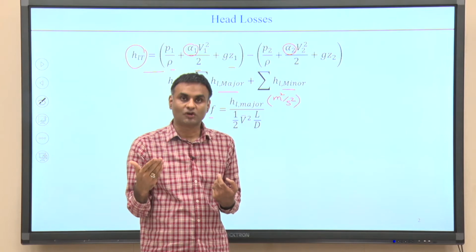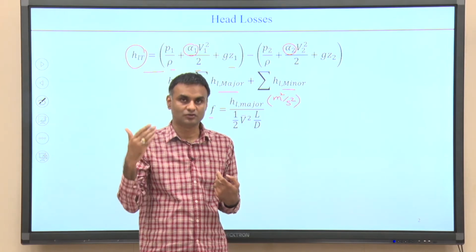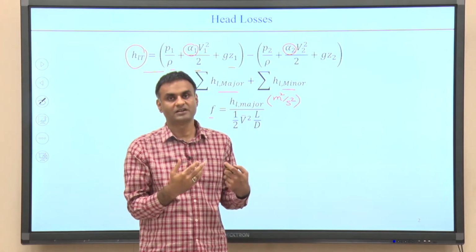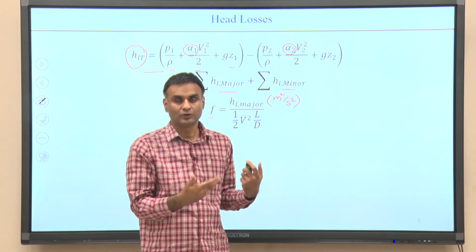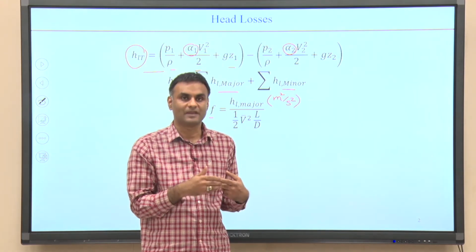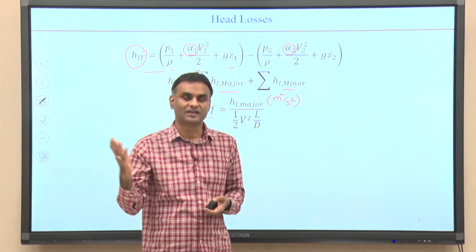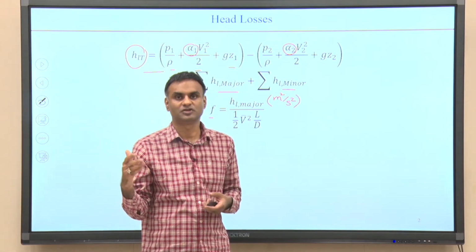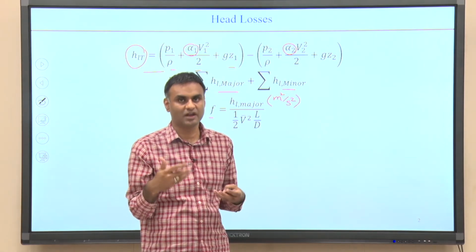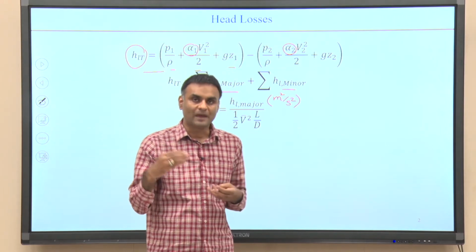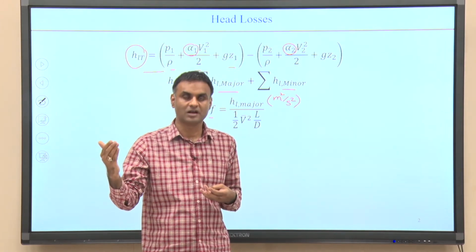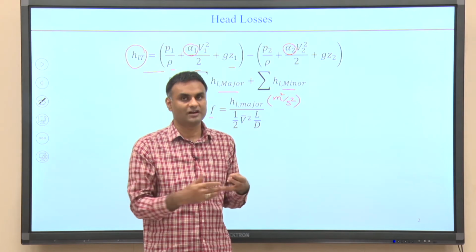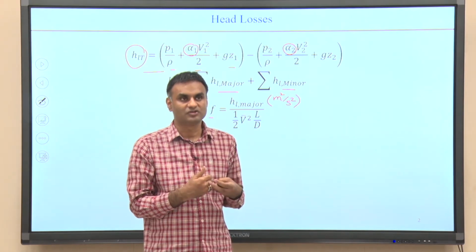For the kinetic energy coefficient, if you use the parabolic velocity profile, it comes out to be about 2, and if you use the turbulent velocity profile, say the 1 by 7th power law, then the value is about 1.06. So, you take the value approximately equal to 1 for turbulent flows, and for laminar flows the value is 2.